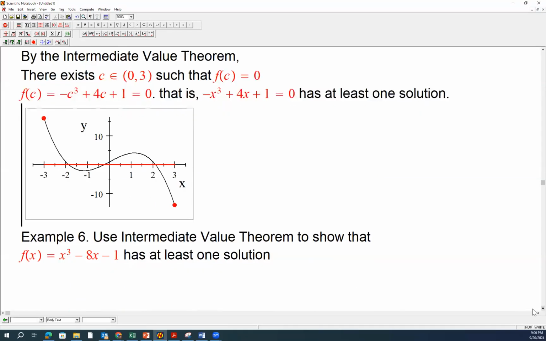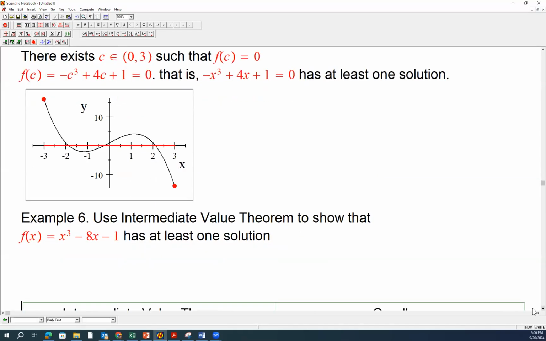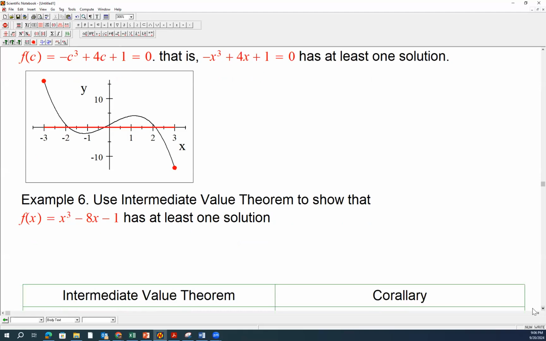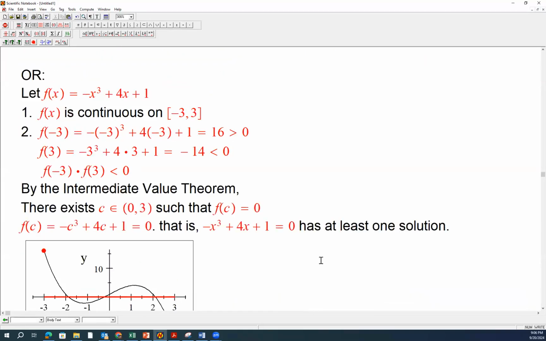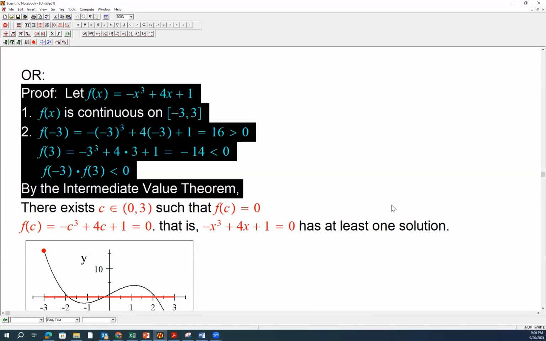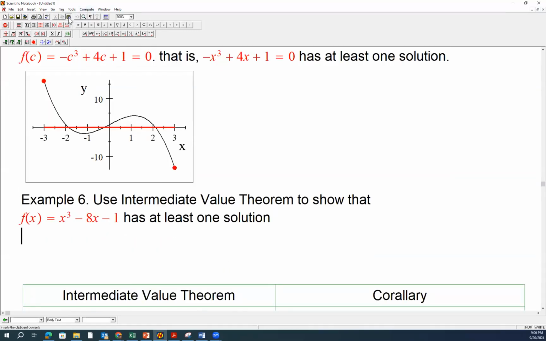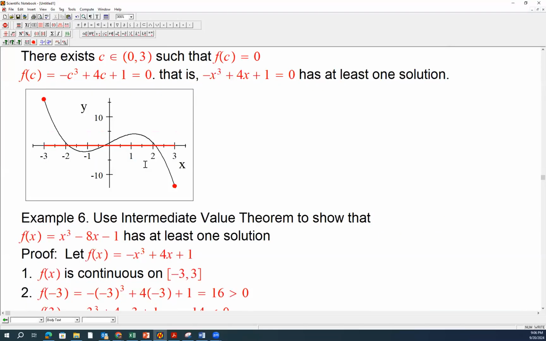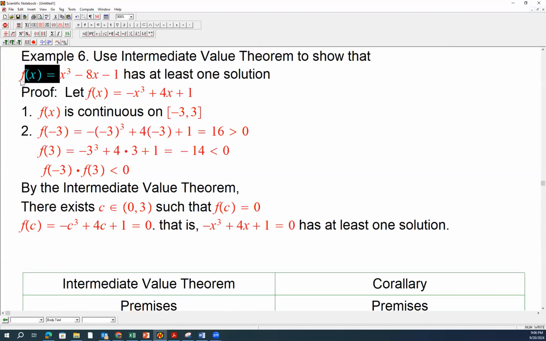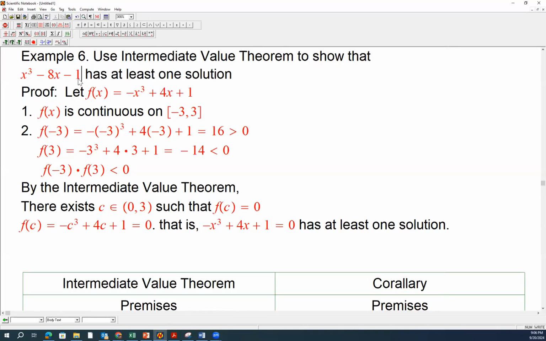Last but not least, I'm just going to quickly finish this one because the proof is here. The next one is similar, right? And I'm going to quickly put the solution out there. Okay. So this question is also that this is equal to 0, has at least one solution.